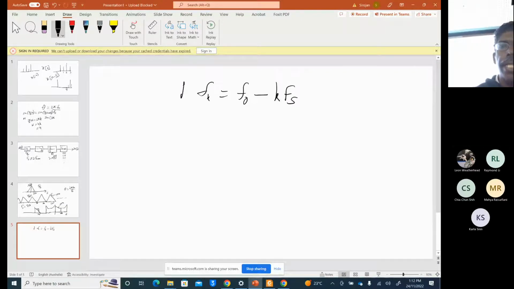You keep on subtracting until it falls between minus Fs by 2 and plus Fs by 2. Until it falls within this range, you keep on subtracting, and then you get the alias frequency.